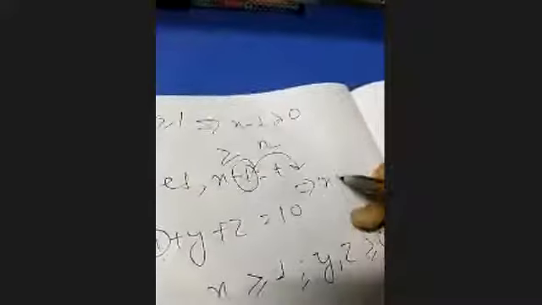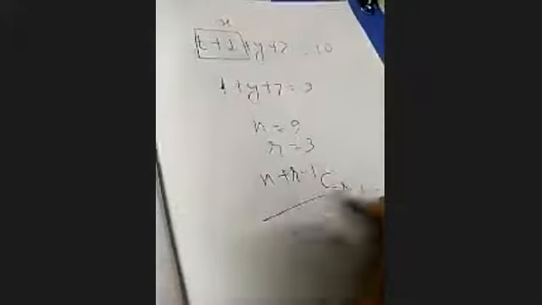But in this equation we have only x, so take the minus 1 on the right hand side. This implies x is equal to t plus 1, and in place of x, put t plus 1. Is it clear? Why t plus 1? Basically, t plus 1 is nothing but x. So the number of integral solutions is 11C2.